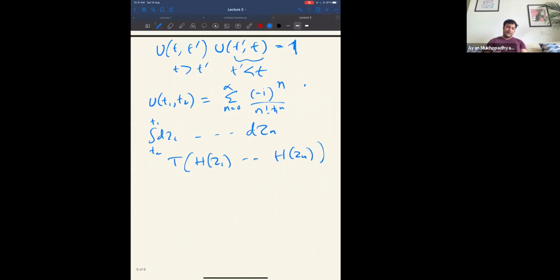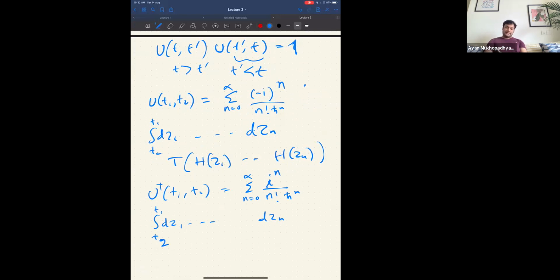So if I have to take U† of this, U†(t1,t2), what is going to happen? All of these is going to simply become the sum over n from 0 to infinity, but then i^n / (n! ħ^n), because I'm taking the dagger here. And these integrals would be going again from the same t2 to t1.